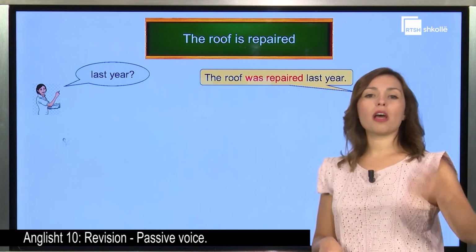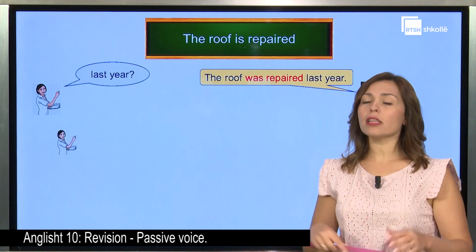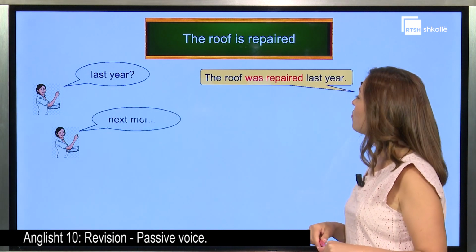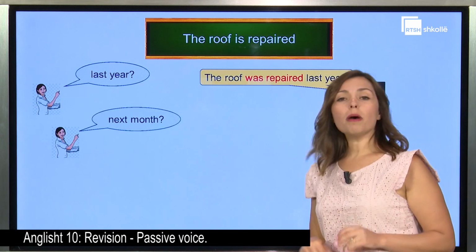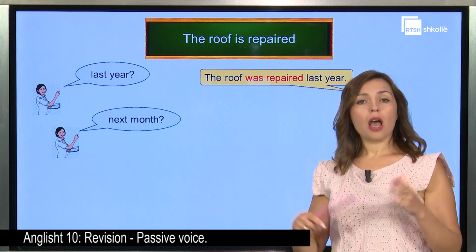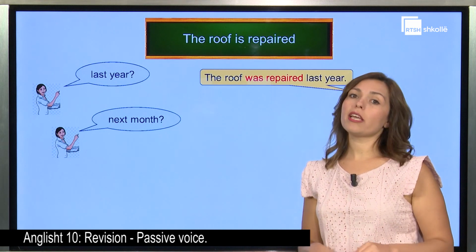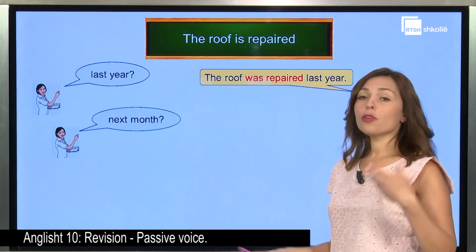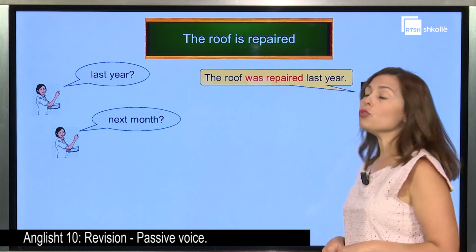The teacher gives another prompt, so she wants to test if the students understood the passive. And she says, what about next month? How are we going to change this sentence? Next month refers, of course, to the future.